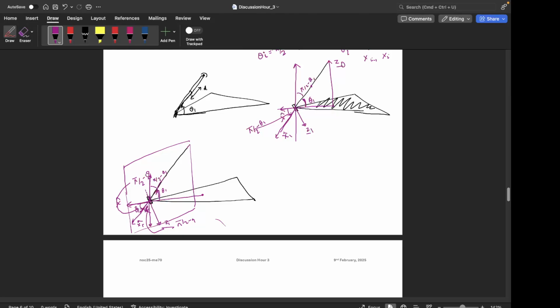For me, it's still coming out to be theta 1 only. I'm not able to see why it's pi by 2 minus theta 1.